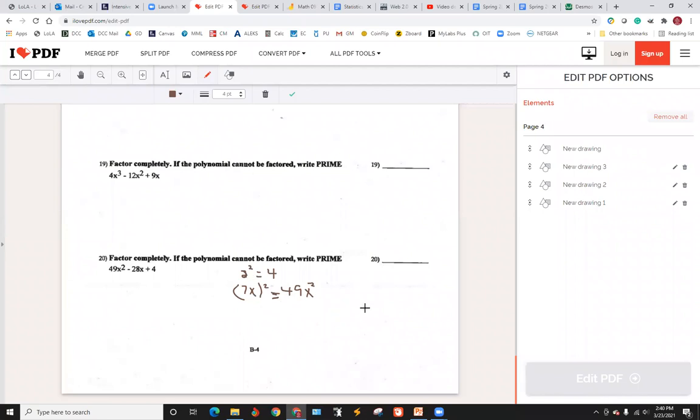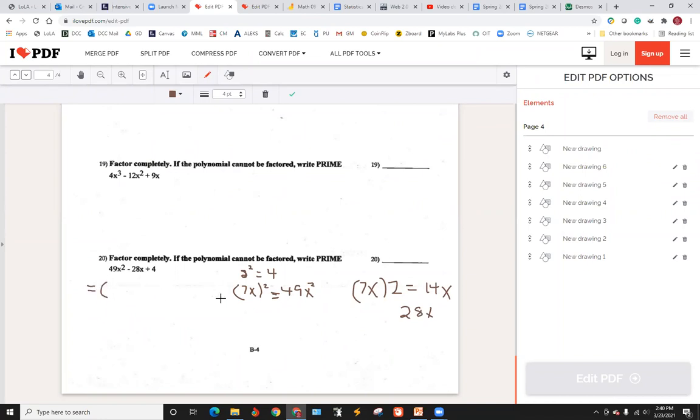And then what we're going to do is take 7x times that 2, which gives us 14x. And then we multiply it by 2 again, we get 28x. So what we've got here is a perfect square trinomial.